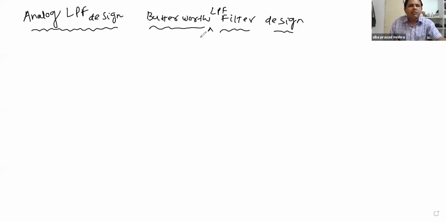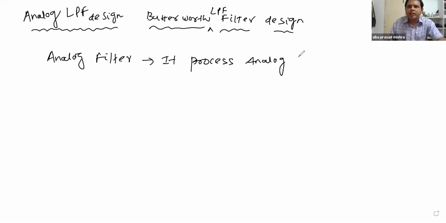Okay, and this analog filter, you all know, processes analog signals. Your analog filter, like your analog system, processes analog signals. Your input is an analog signal and the output is also an analog signal.